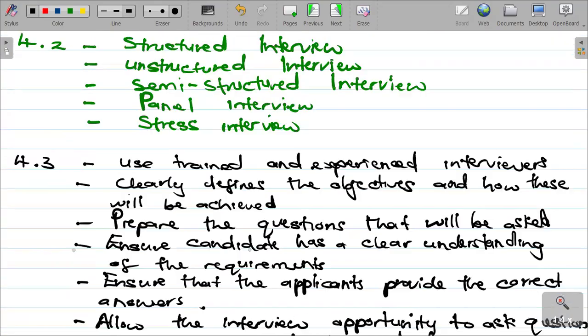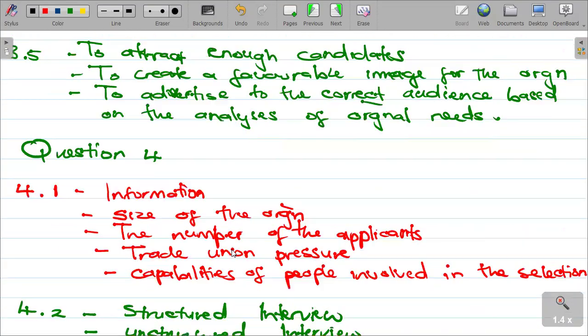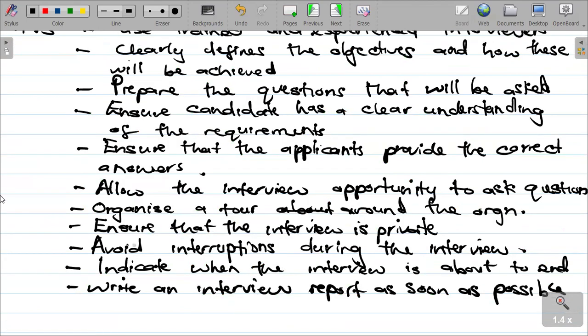Let's move on to question 4.4. Name 3 reasons for testing the potential of applicants as part of the selection process. The reason why the applicants are tested is because they want to match or compare them.